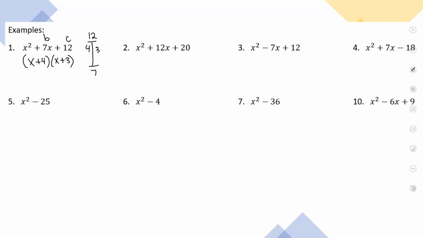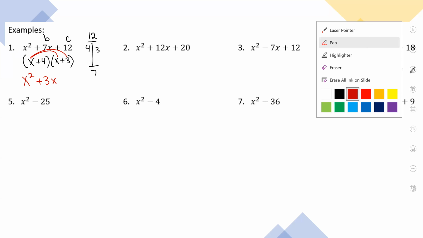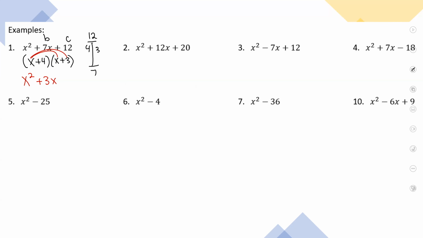Now, you don't have to write this down. I just want to show you. If you multiply this out, we'll get our original equation again. X times x is x squared. X times 3 is 3x. Now I'm going to do the next one. 4 times x is 4x. 4 times 3 is 12.